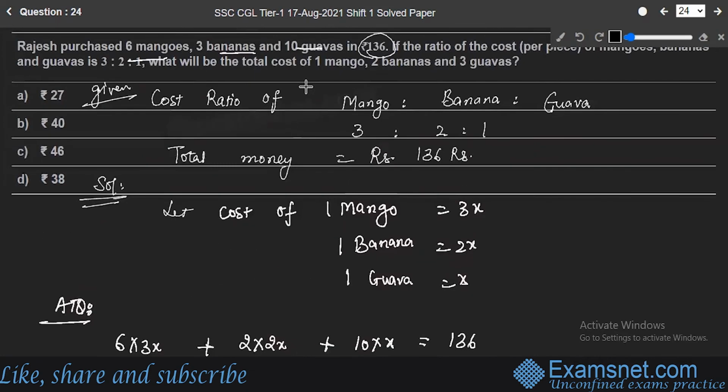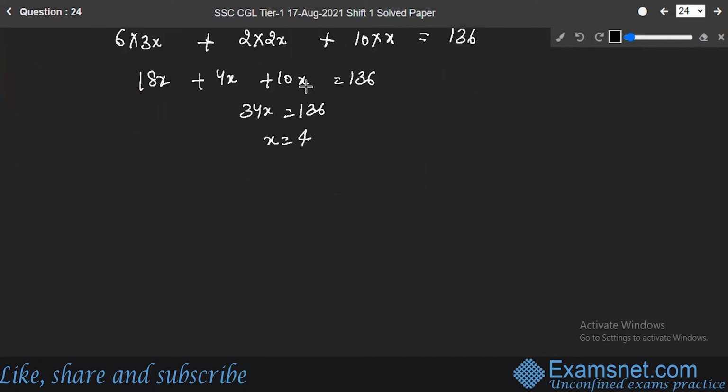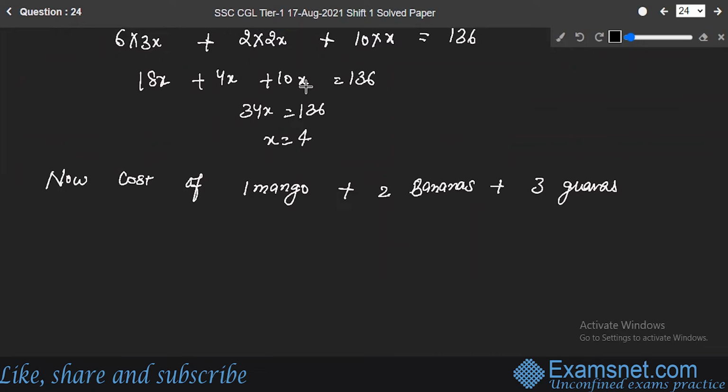Now according to the question, you have to find out the cost of one mango plus 2 bananas plus 3 guavas. So this will be 1 into 3x plus 2 into 2x plus 3 into x, which gives you 3x plus 4x plus 3x, or a total of 10x, correct?